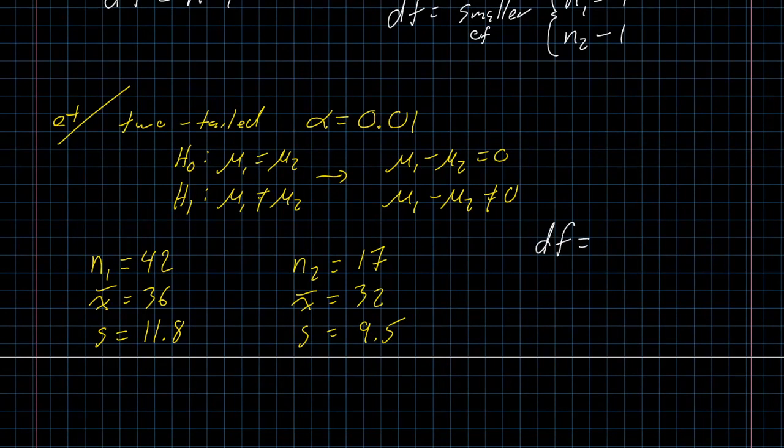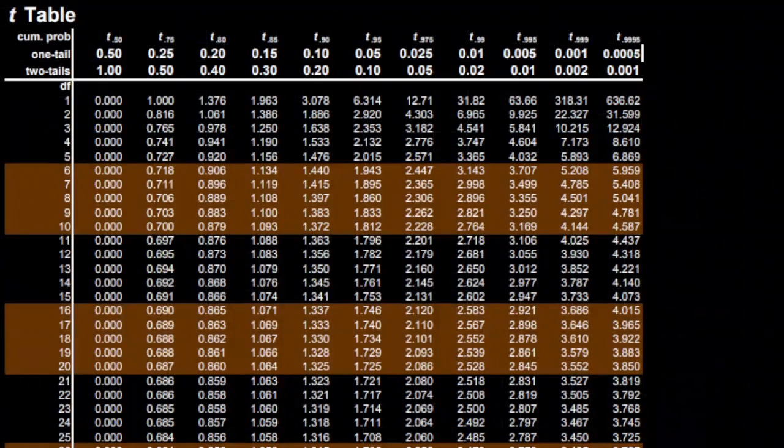The smaller of the sizes of the two samples is 17, and 17 minus 1 is 16. So we come to our table of t-scores. We look for degrees of freedom equals 16, which is this row right here.